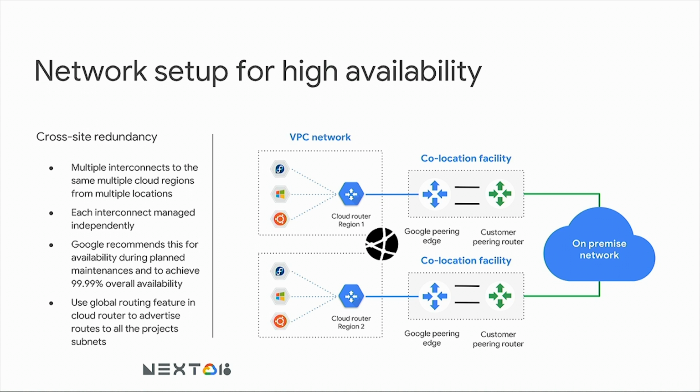So this is a way of getting 4 nines of SLA into the Google infrastructure. In addition, with the 4 nines of SLA, you need to implement global routing on the cloud router so that I can advertise all the routes over those links. So if one link fails, I can use the other link to connect to GCP.